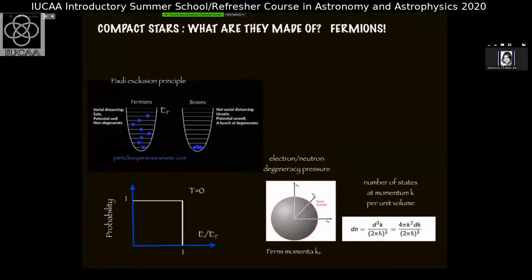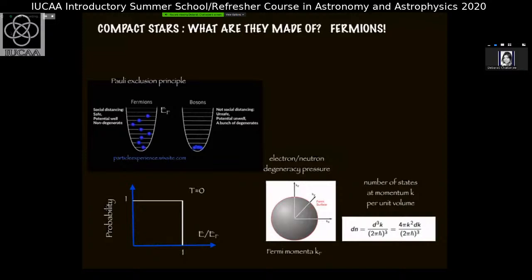So basically the particles arrange themselves in higher and higher states with only one particle occupying a particular state. Bosons, on the other hand, can be at the lowest energy state, and boson condensation also plays an important role in the neutron star interior. We will come to that later.